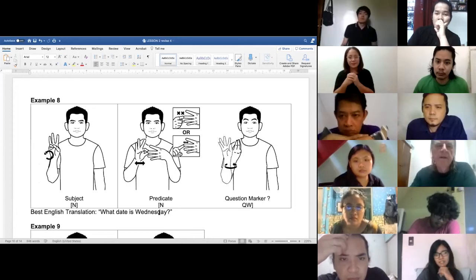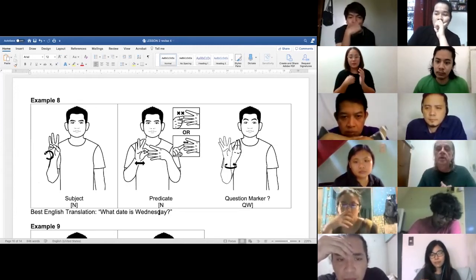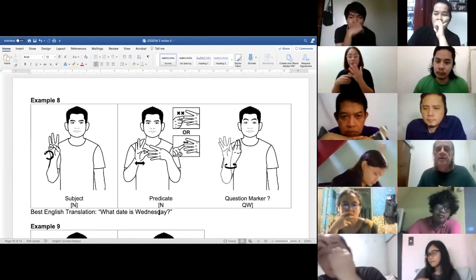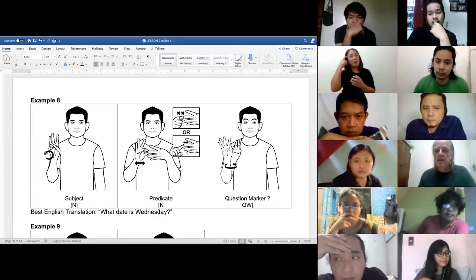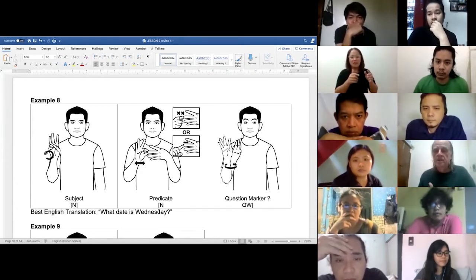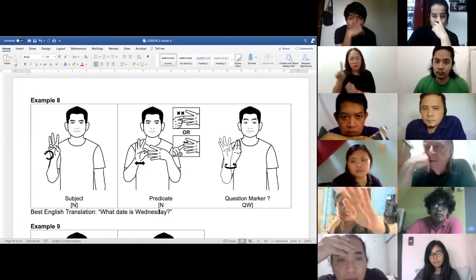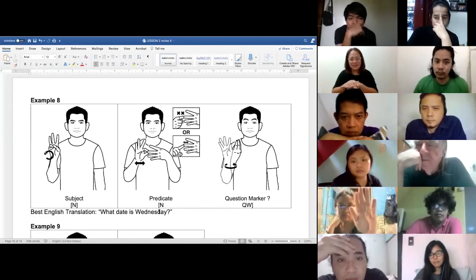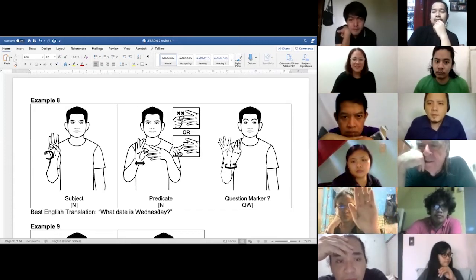In the part where we have the additional linguistic and cultural information, I'll think about how to explain this, because I think it's probably different from the way hearing people ask. Can the two interpreters tell me if I'm right about that? How would you ask it in English or Tagalog or Filipino? What date is Wednesday?